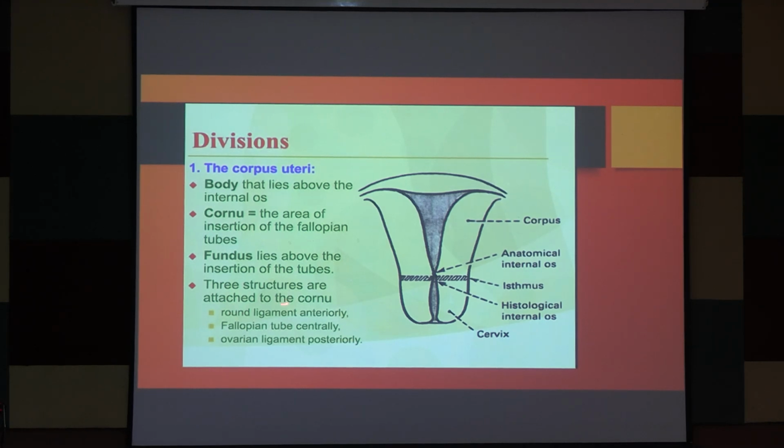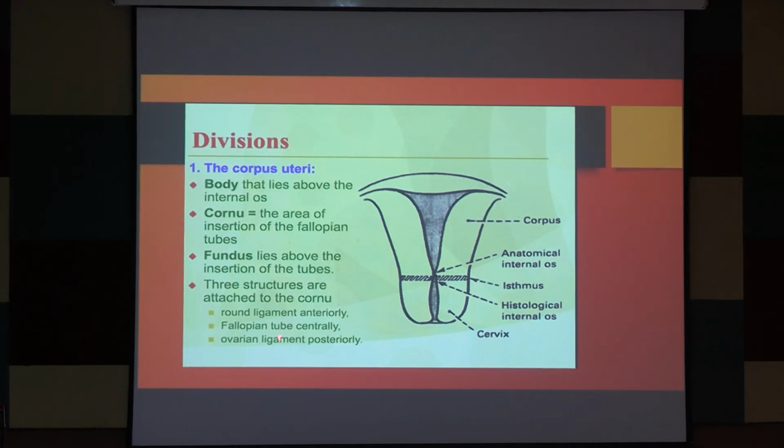And the structures attached to the cornu. So here is the cornu. What are the structures? The round ligament, the fallopian tube and the ovarian ligament. What's the importance? When you are given a specimen of the uterus in the museum, you will be asked to identify which one is the anterior wall and which one is the posterior wall.